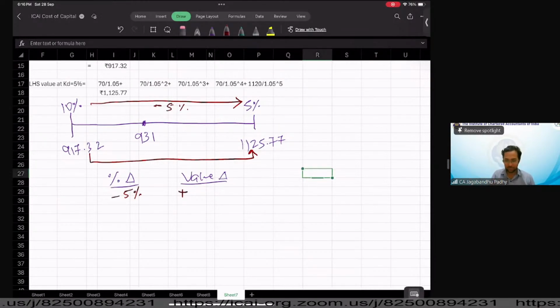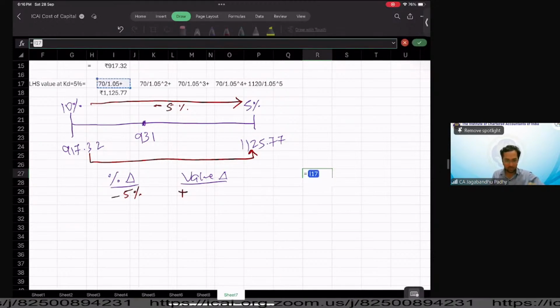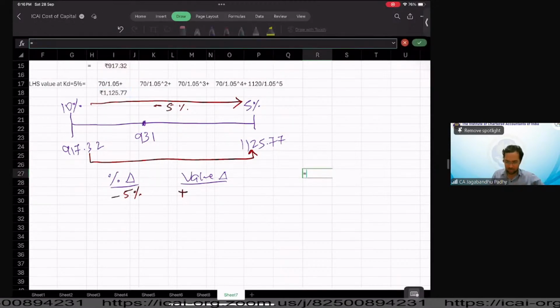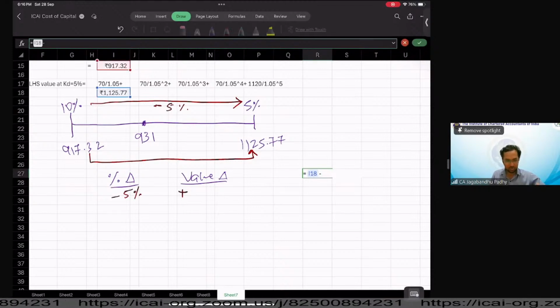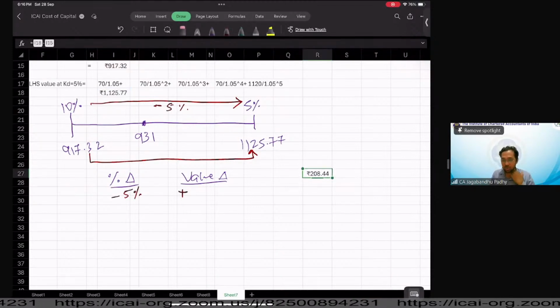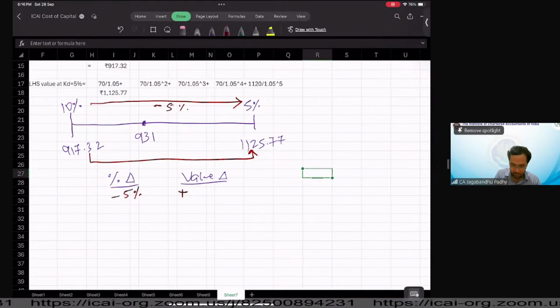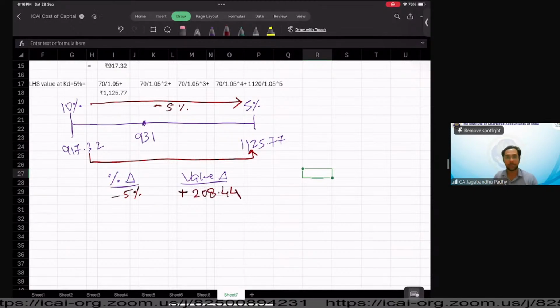What is the difference? Because of rounding, you can definitely have different values, but that's okay. It is 208.44. So there is a change of 208.44. What change were we looking for in the value?